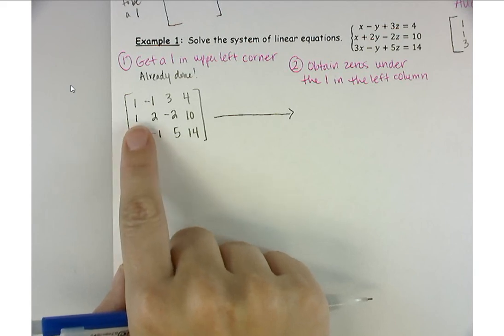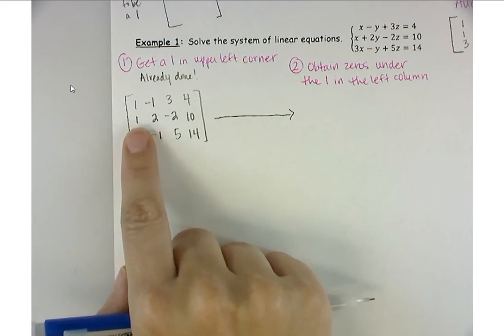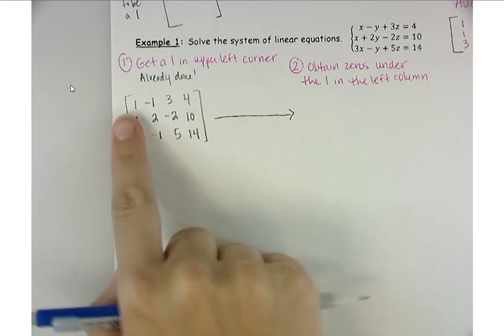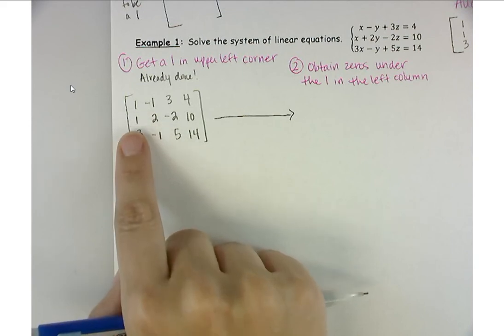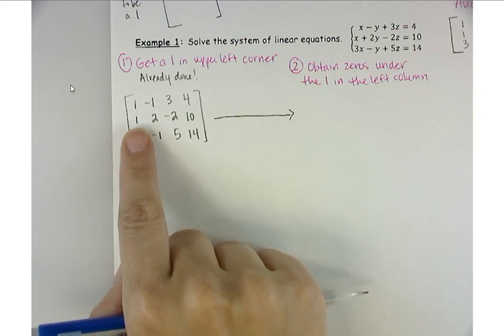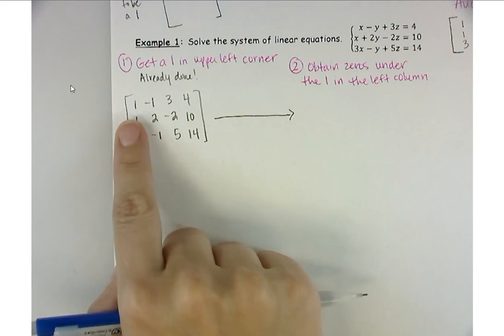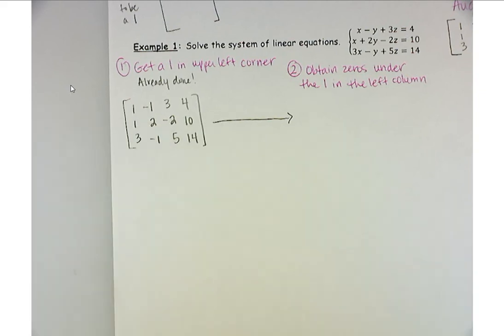Yeah, Dylan? Multiply the top equation by -1. Okay, and add them together. So you can multiply the top equation by -1 and then add those 2 rows together. Can you also multiply the second row by -1 and then add them together? Yeah, aren't they both going to work? Okay, so you can choose which one of those you want to do.